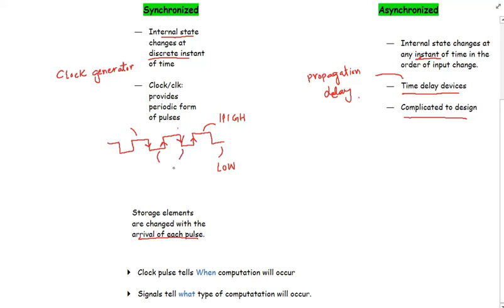This is called a negative transition, while this one is called a positive edge transition or positive transition.